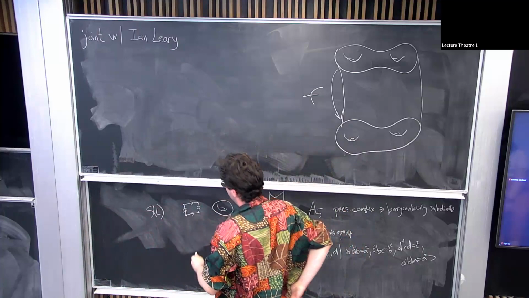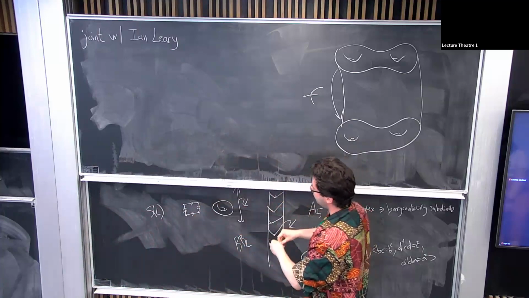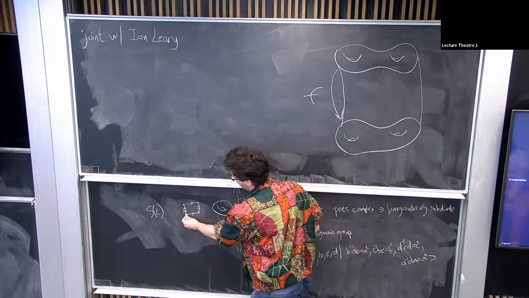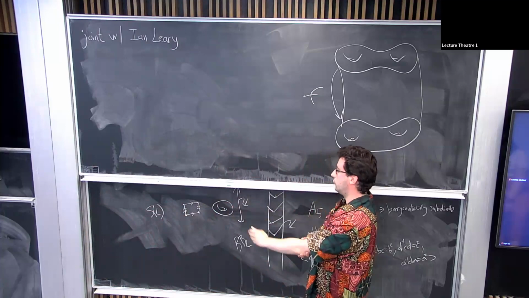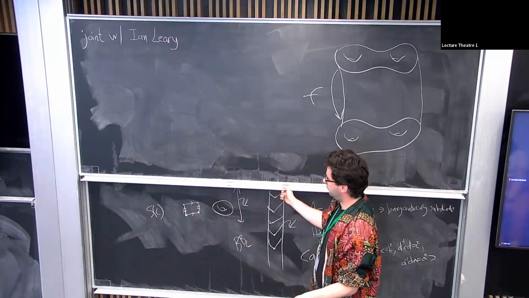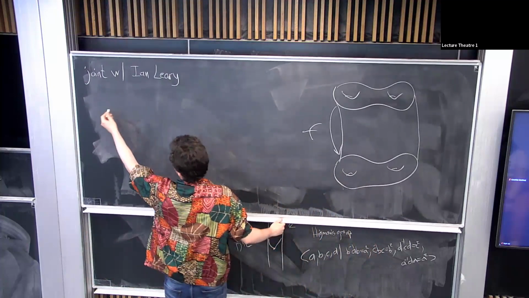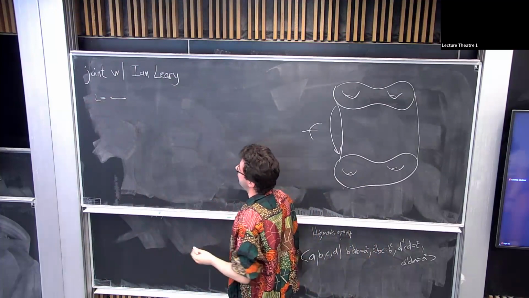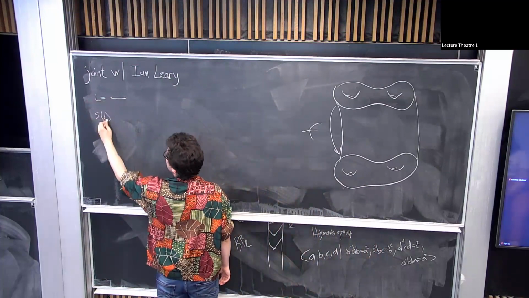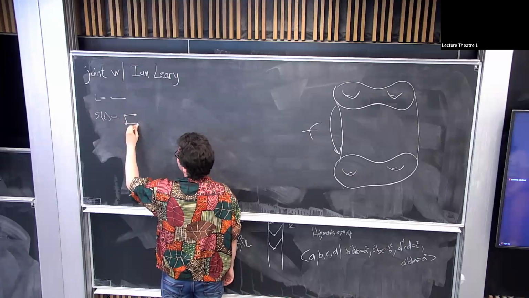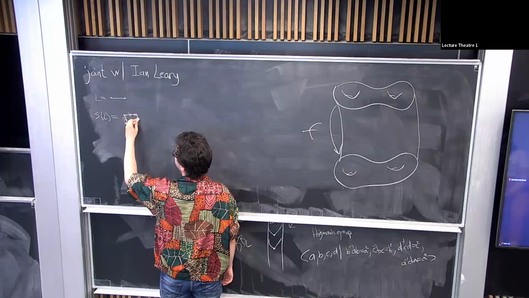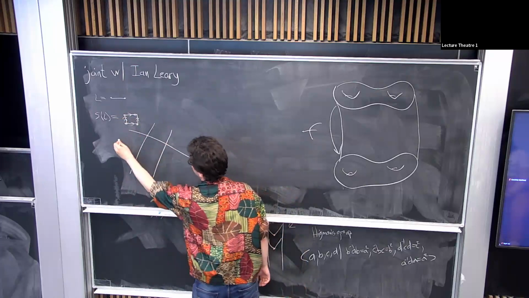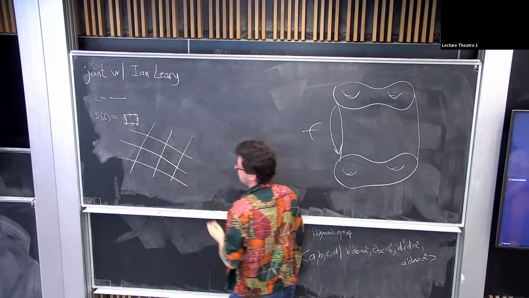So in this complex S of L, if you look at the single vertex, the link of this vertex will really have something to do with L. So in our case where L was just a single line, S of L was a torus, the universal cover is a plane tiled by lots of squares.